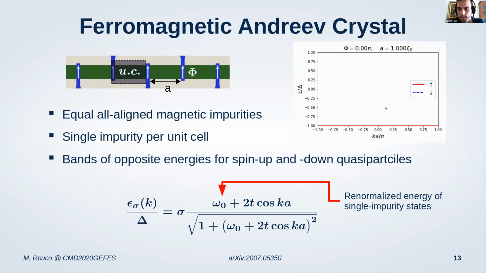Here I will play a movie where you will see how, changing the magnetic phase of the impurities of the chain, two bands start entering into the superconducting gap and they cross each other without interacting. So each of the bands corresponds to one spin orientation, and in general, we can say that nothing really interesting is happening here.